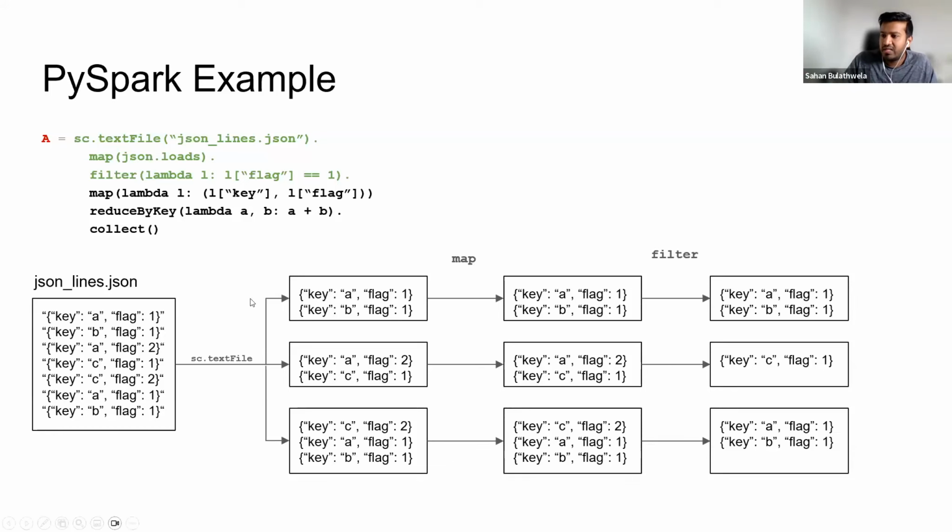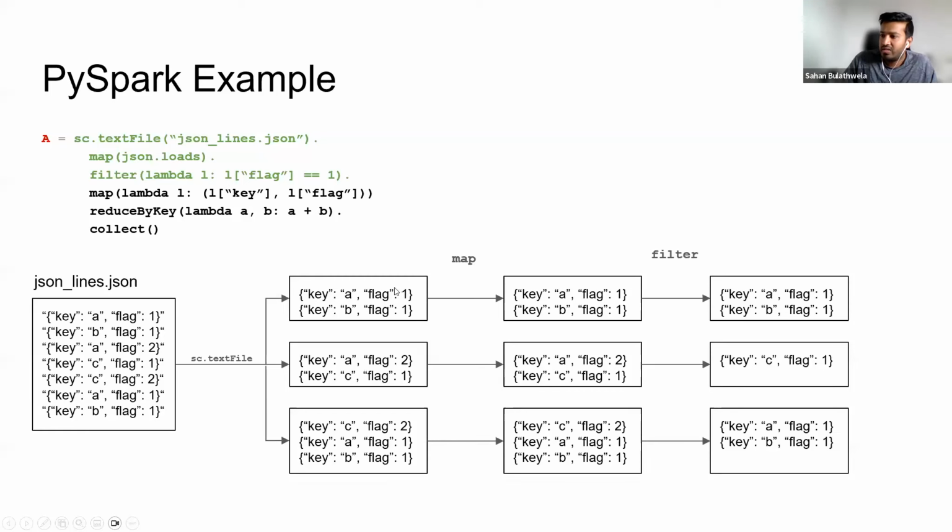But for simplicity, let's assume there are 3 computers that have single cores, and we take this data and chunk it into 3 different parts, and we can run this function on each line parallelly. So we end up with a Python dictionary.